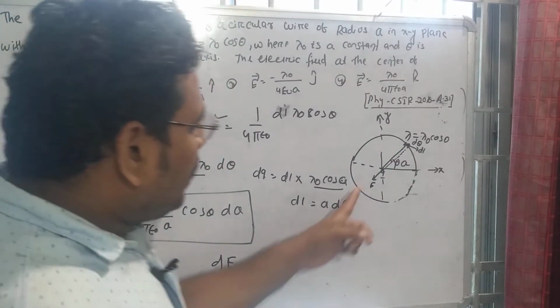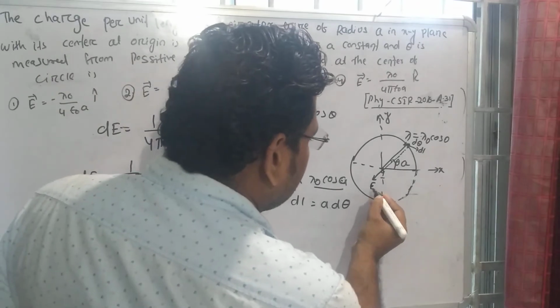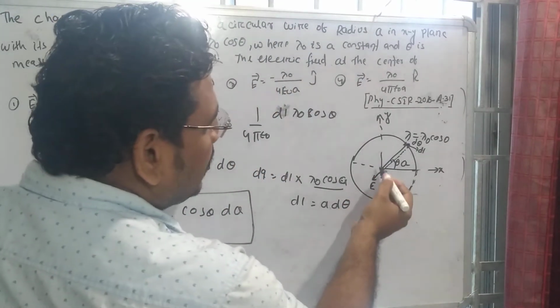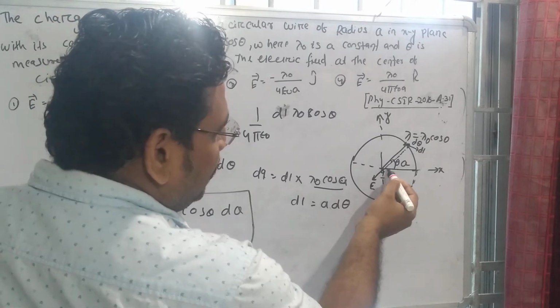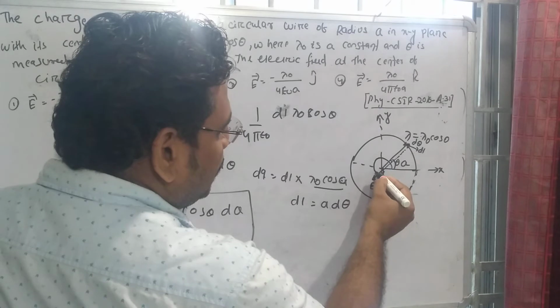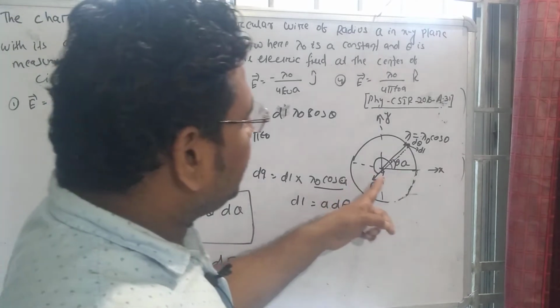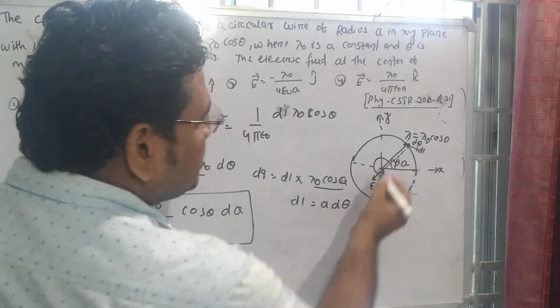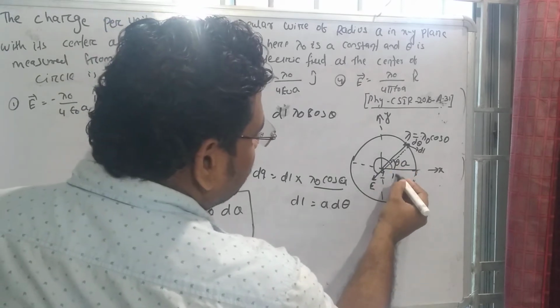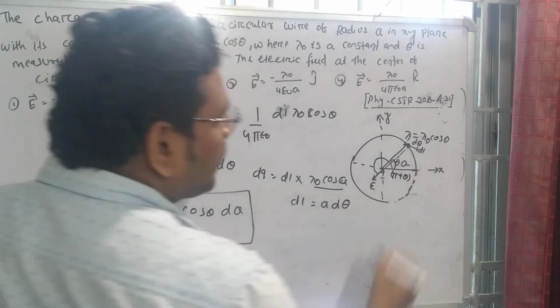If I want to calculate the x component of the electric field, we have to find the angle of this electric field with the x axis. This angle is theta, this angle is pi, so the total angle will be pi plus theta.